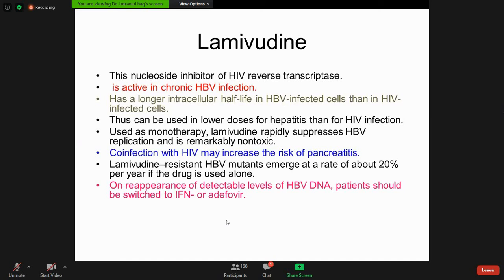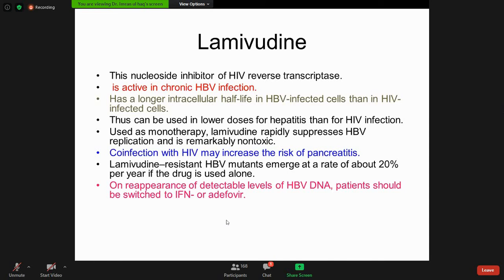This lamivudine is a nucleoside inhibitor of HIV reverse transcriptase, is active in chronic hepatitis B viral infection, and has a longer intracellular half-life in hepatitis B viral infected cells than in HIV infected cells. So what is the important point in this line?